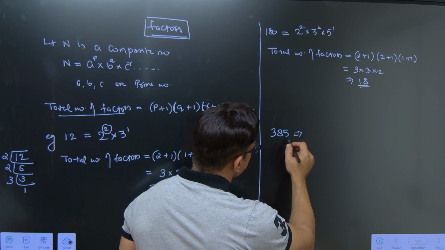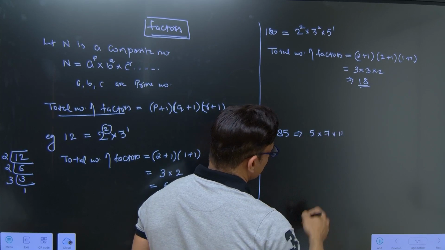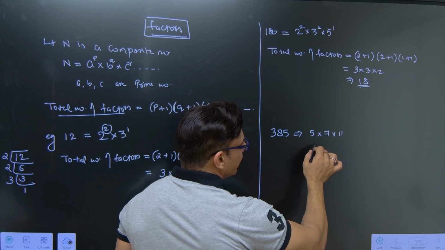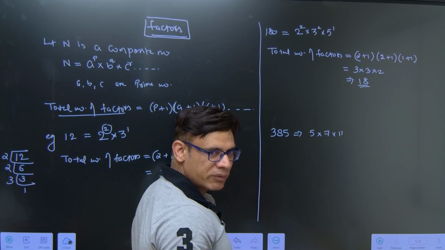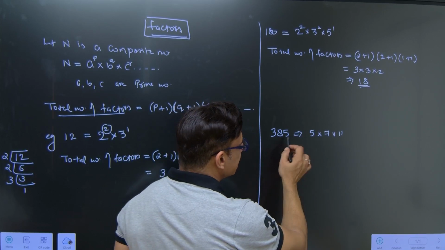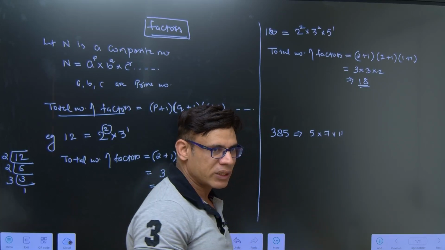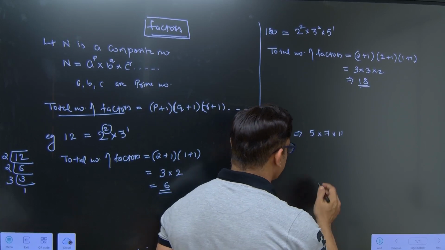Although this is an easy number, you can write this as 5 into 7 into 11. But sometimes you have numbers made up of large primes, so for that you need to know divisibility. Here it is very easy, right? We'll come to such numbers when we solve some problems.